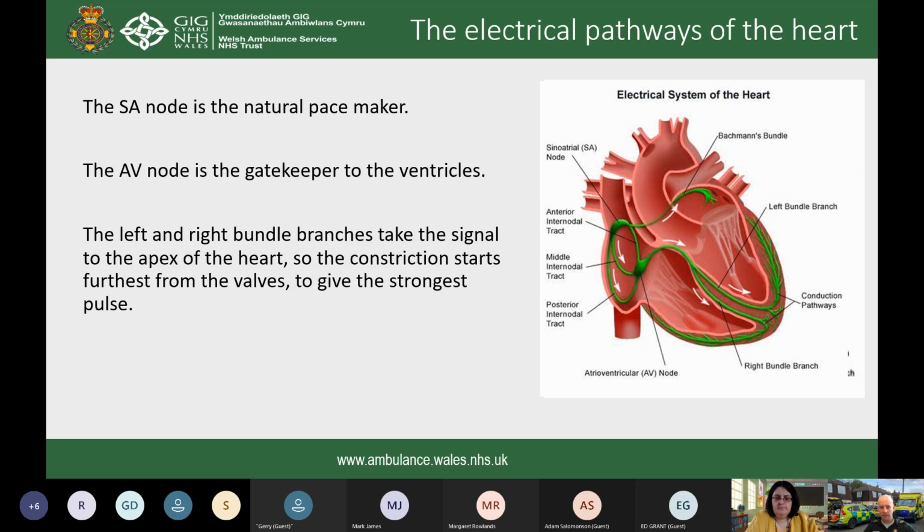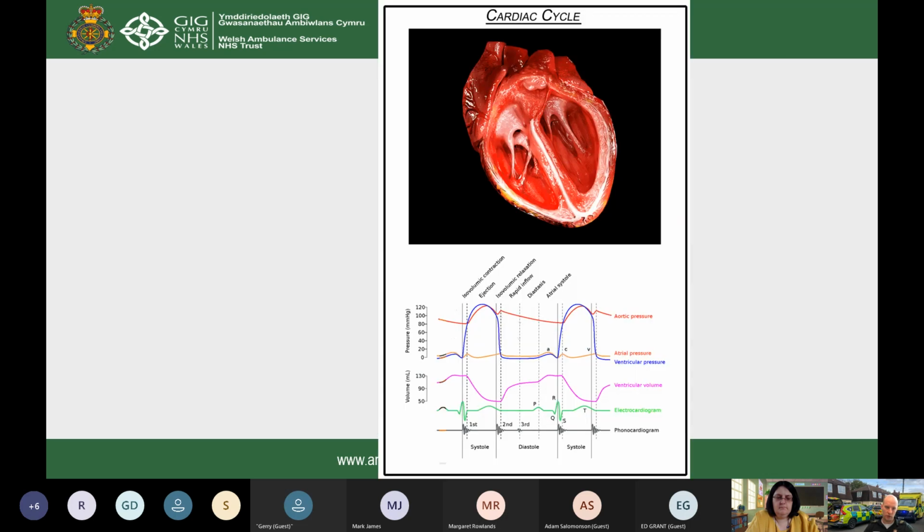Once the blood is down into the ventricles, our electrical activity will flow down our bundle branches down into the apex of the heart. So from the AV node, it will travel down the septum to the bundle branches, and then it will constrict the lower chambers, the ventricles.